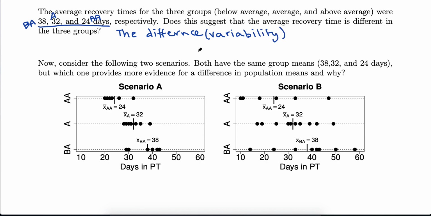Okay, so here's our first layer of variance or variability we're looking at: these differences in the means for those three groups.